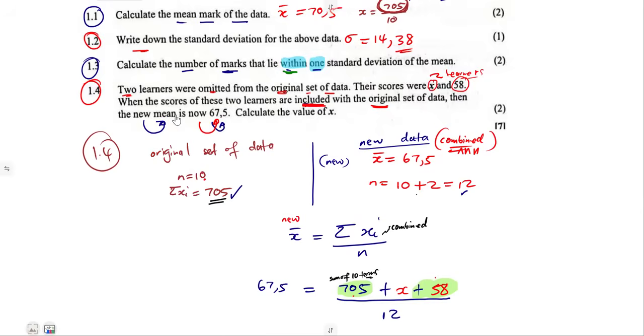But now when they are included in the set, we are given the new mean. So we work from that new mean, which is of the combined set of data, what we had before and those 2 learners.